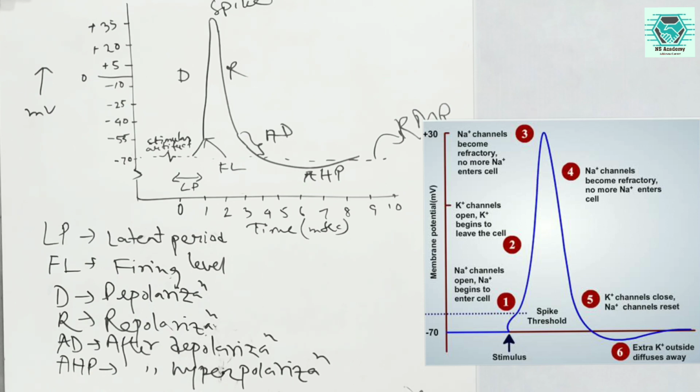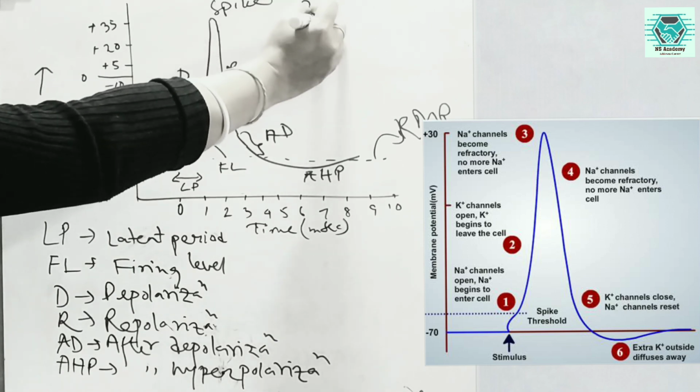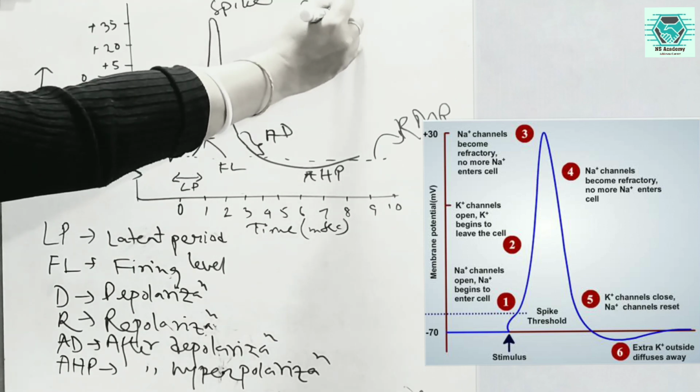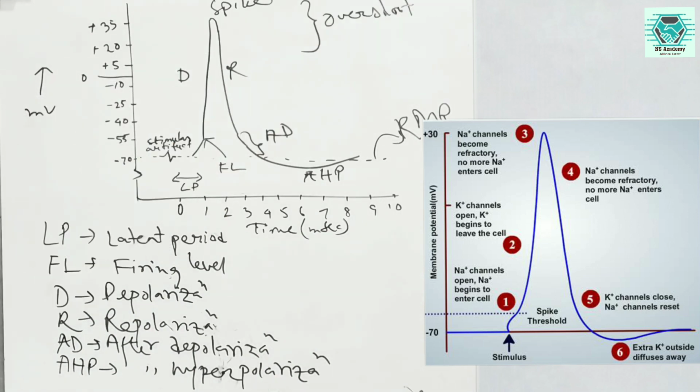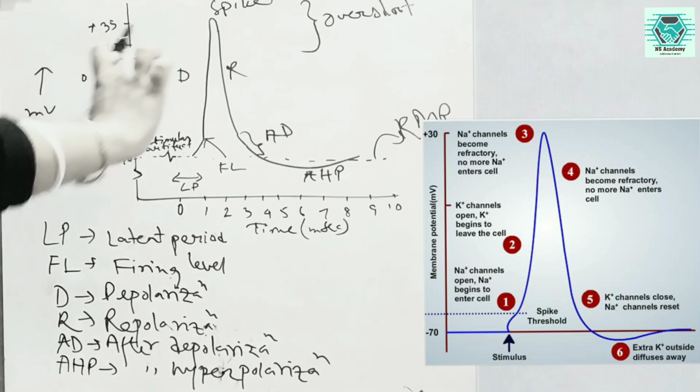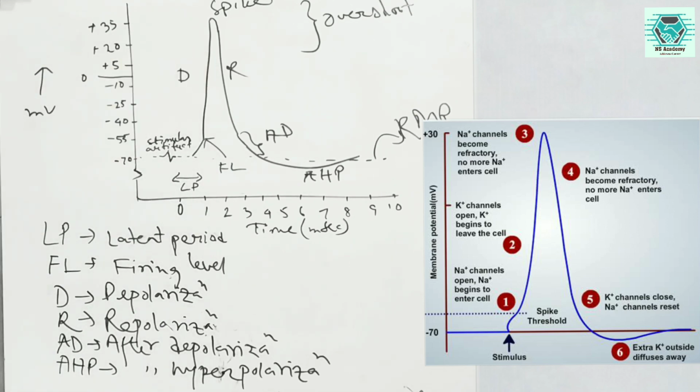So which part is the overshoot? So this part is the overshoot. And this area is the complete depolarization.